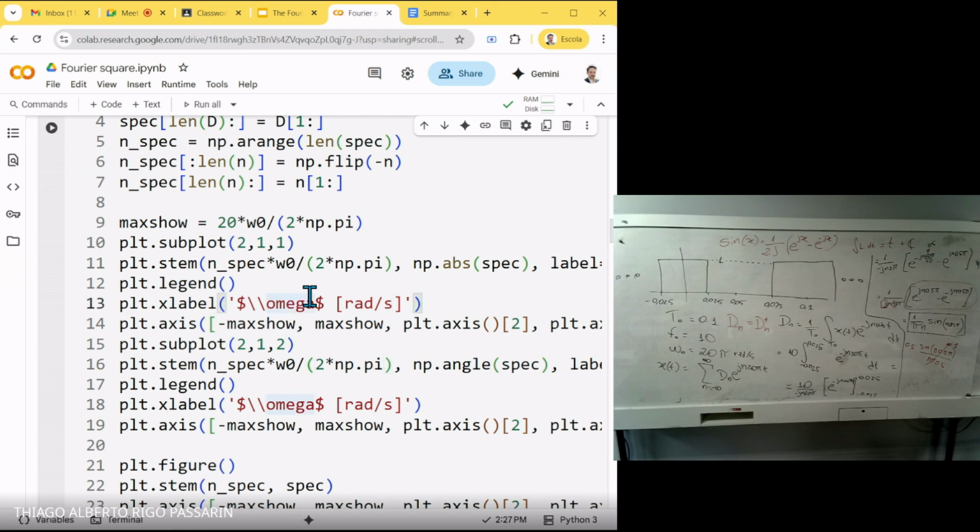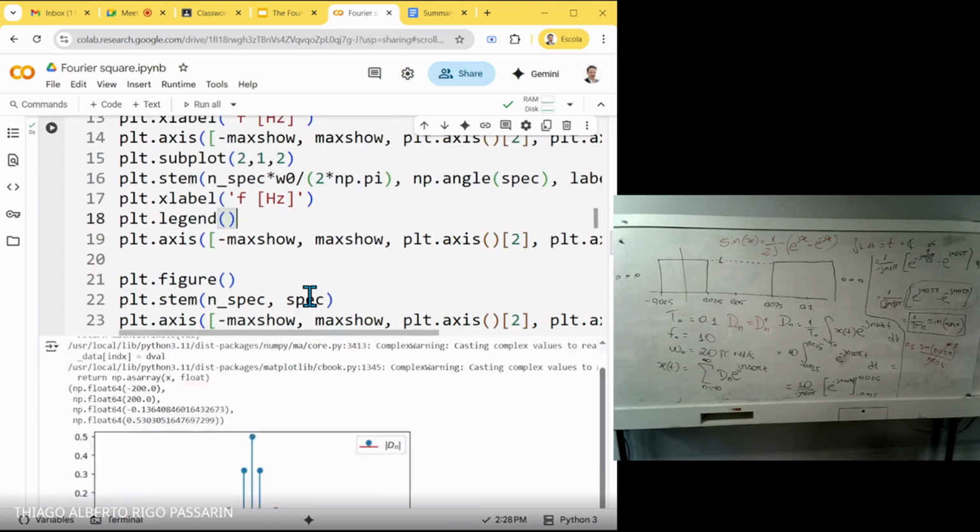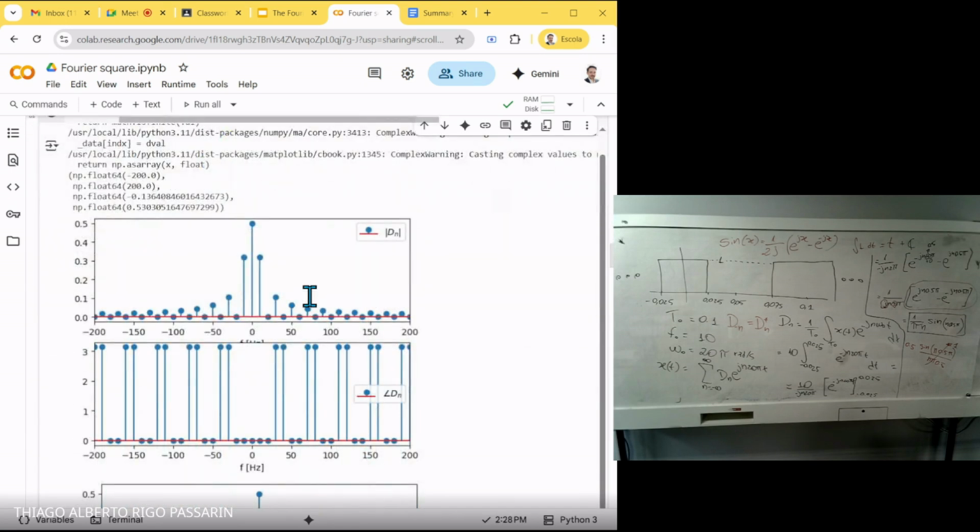Now I have f in hertz. Okay. This is also a spectrum.